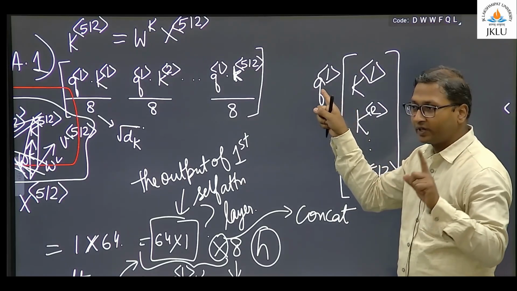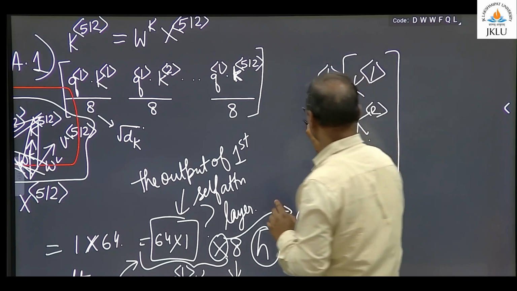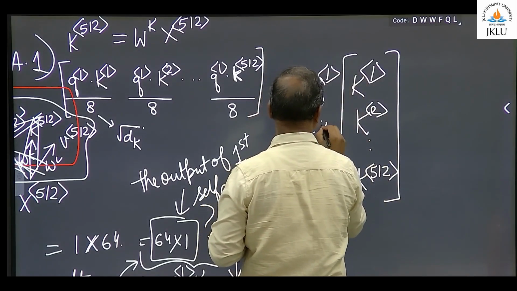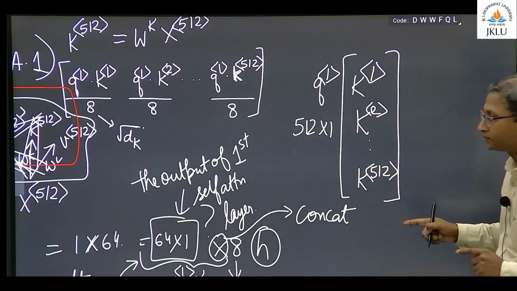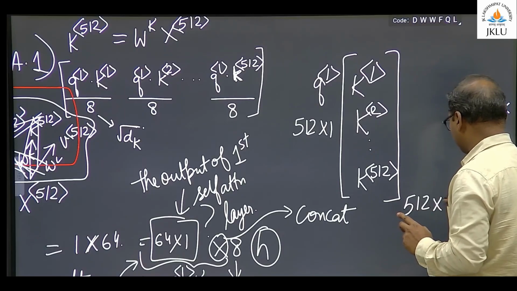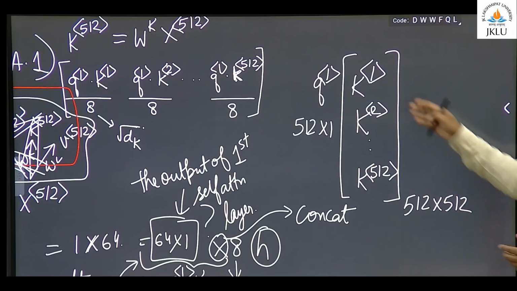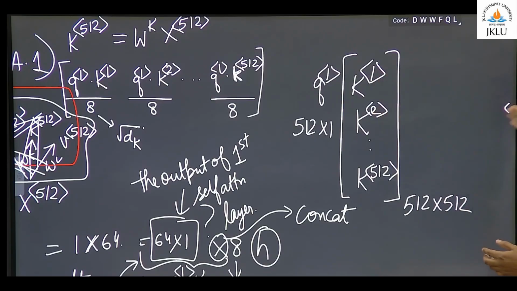So this Q1 is 512 cross 1. This guy is 512 cross 512. I have 512 in this direction, 512, 512 and 512. Each Ki is 512.